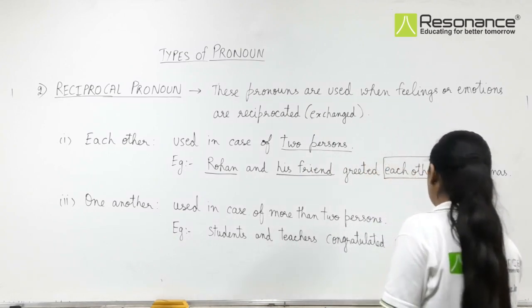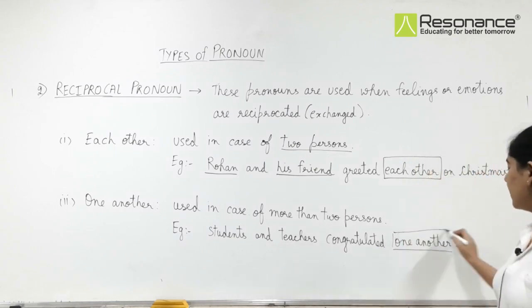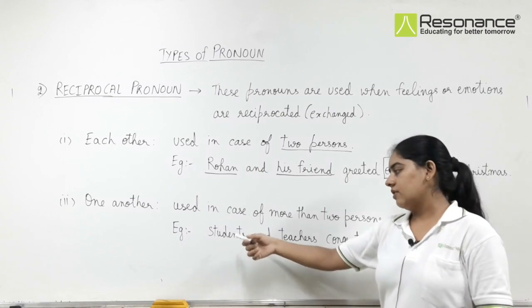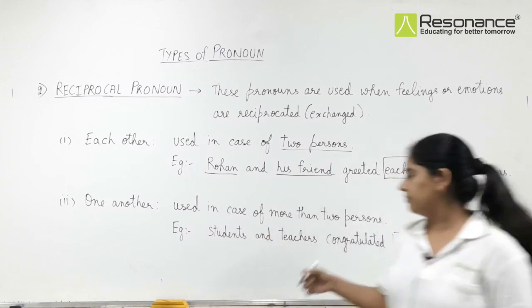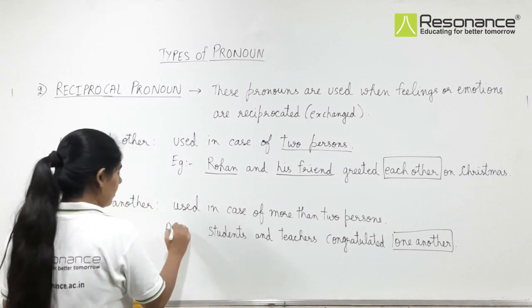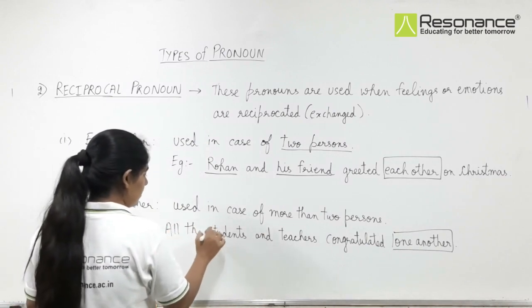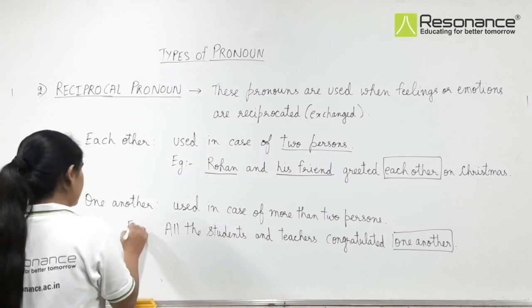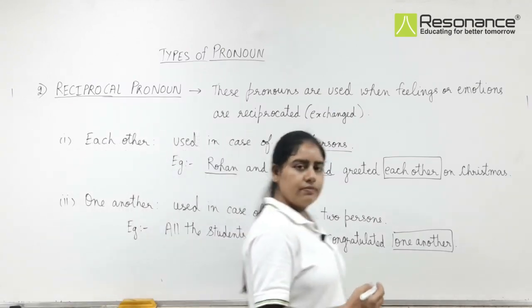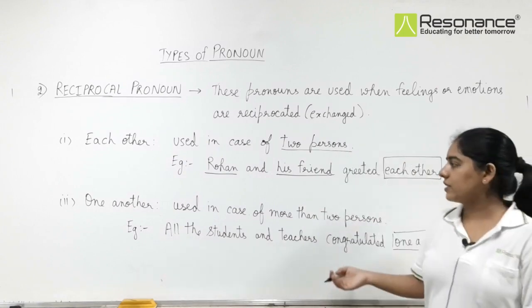Now here we will use one another because we are talking about more than two. If I say all the students and teachers, I think you have understood we are talking about more than two over here. So one another. Let's have some more examples.